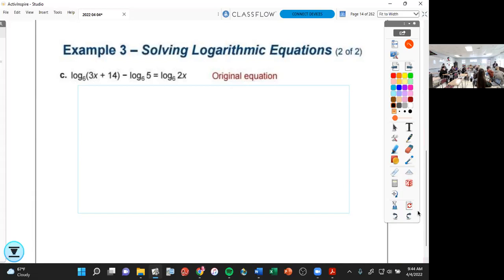So I've got the difference of logs. The difference of logs is equal to the log of the quotient. A positive log goes on top. The negative log goes on bottom. I'm going to rewrite this in one statement.